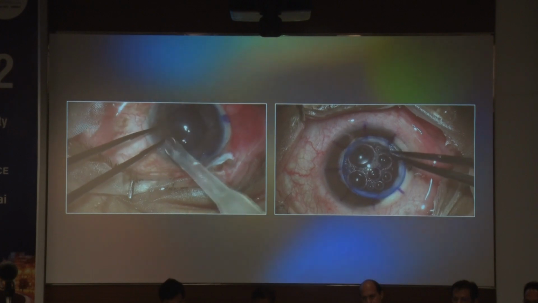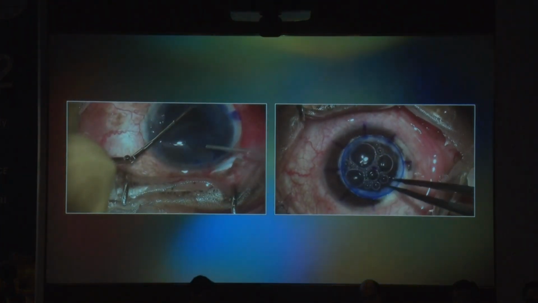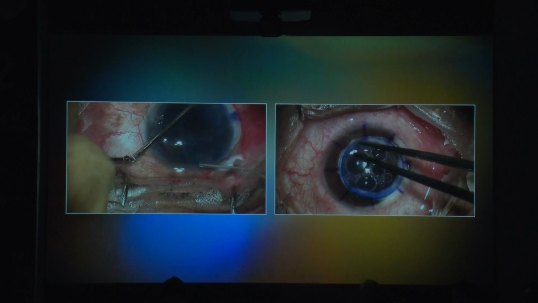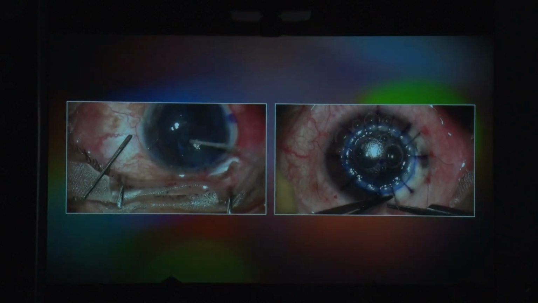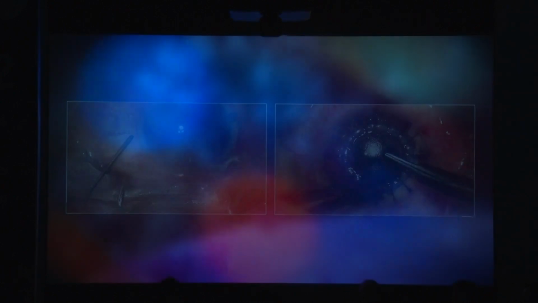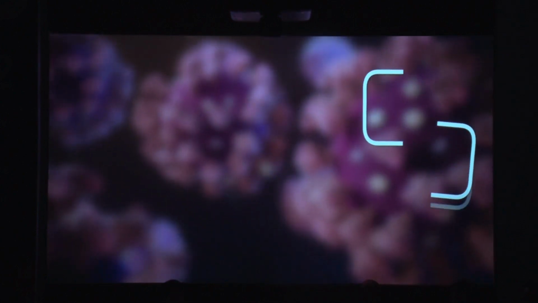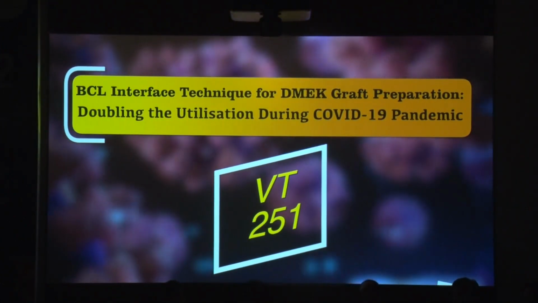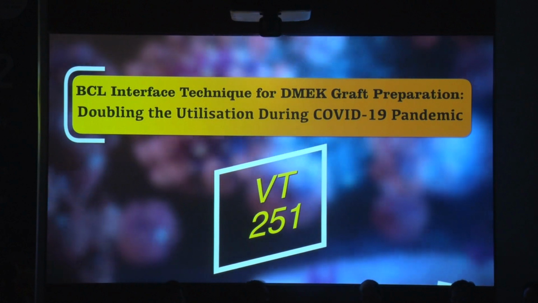So we need to be wiser so that we can double the utilization rate. Most practically, using the same donor tissues for DMEC and DALC. Here we describe a novel BCL interface technique of donor preparation in DMEC so that the anterior part can be used for DALC.